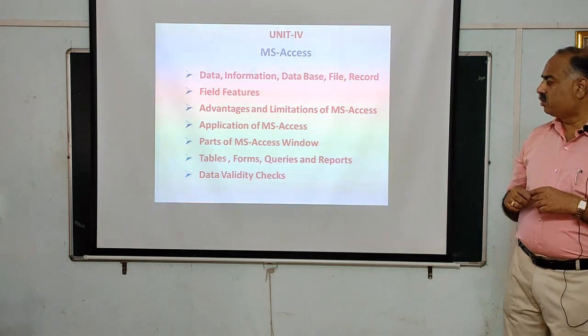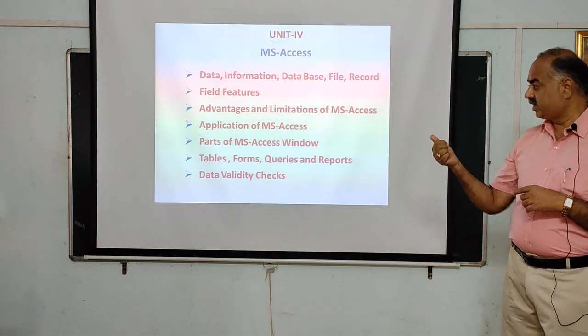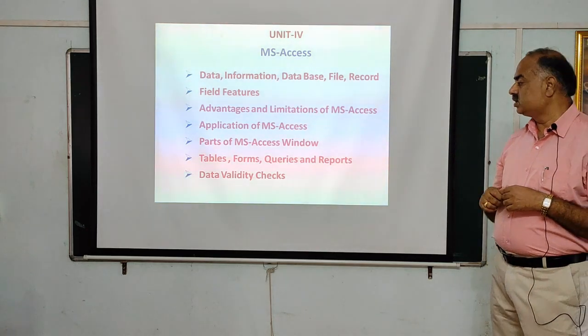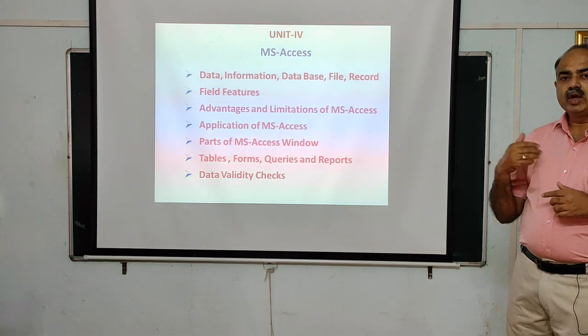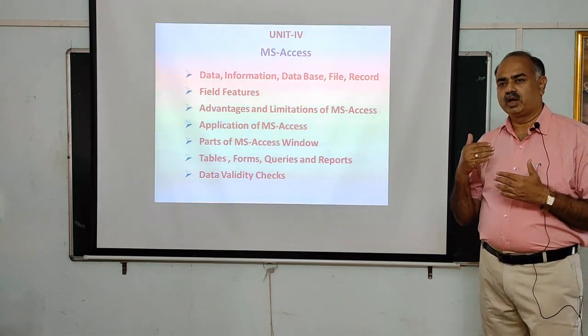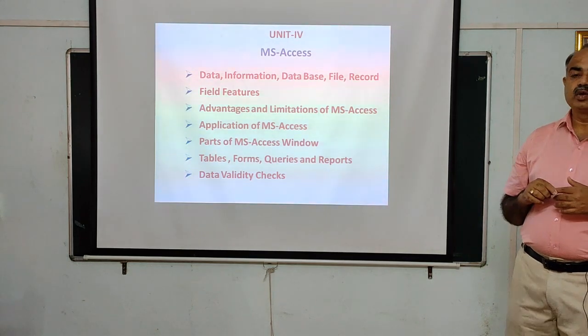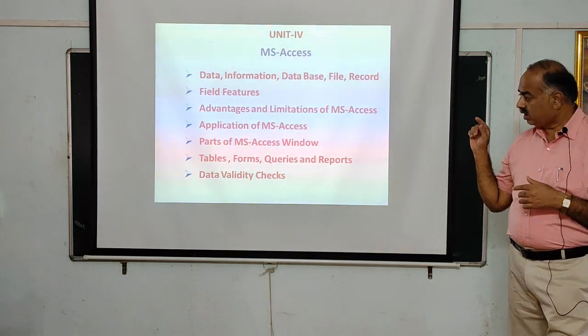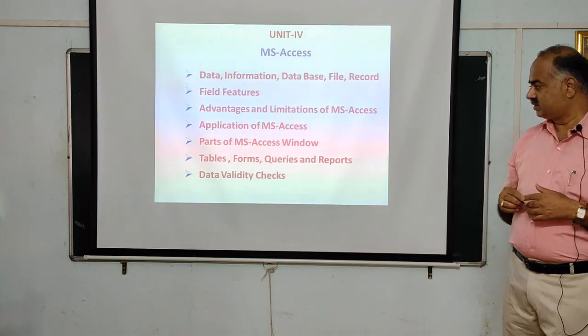Then we talk about the different objects of MS Access: the tables, forms, queries, reports. While learning this fourth unit, when we come to this topic, we can elaborate these objects in the classes.